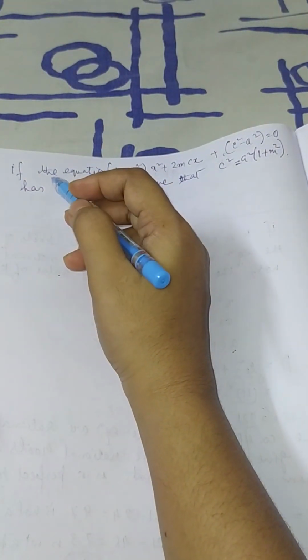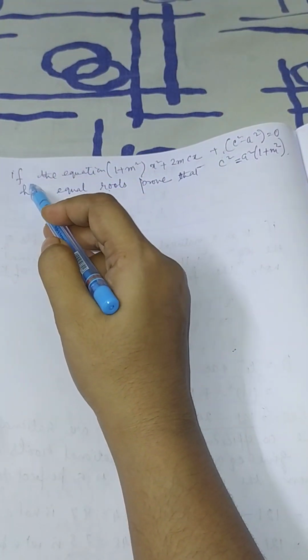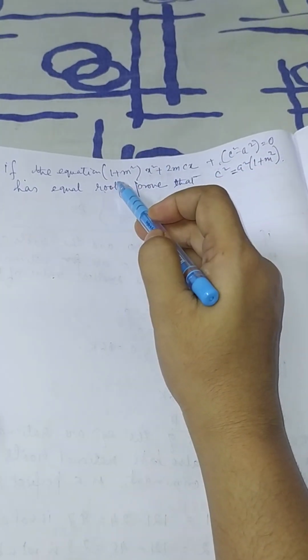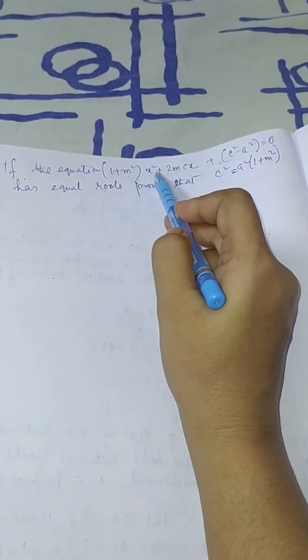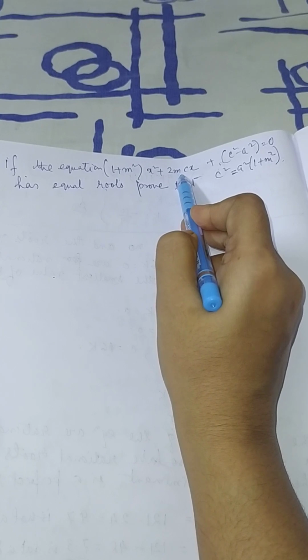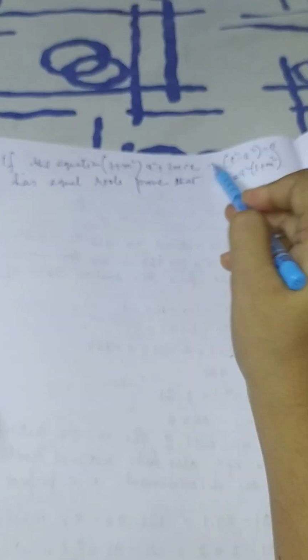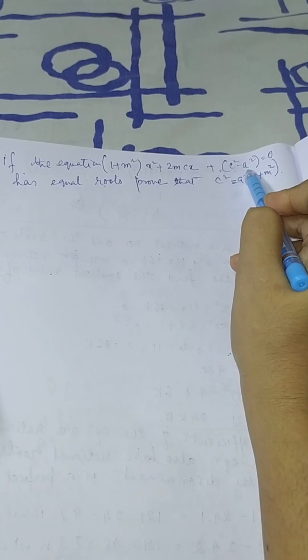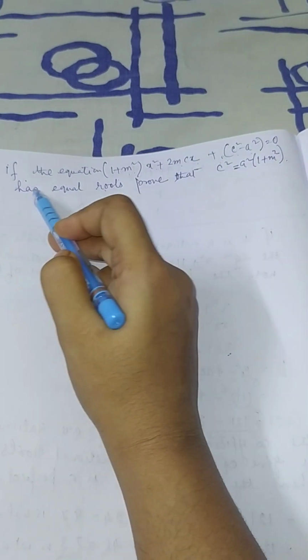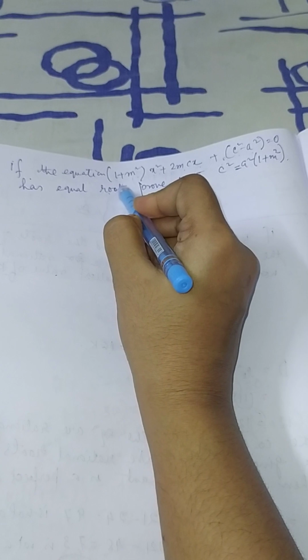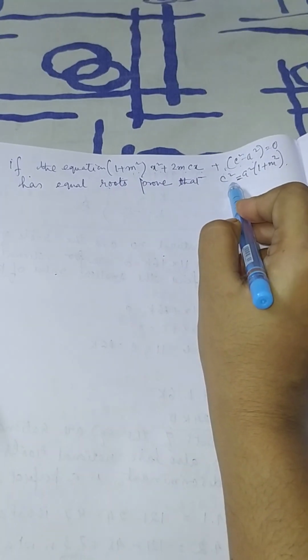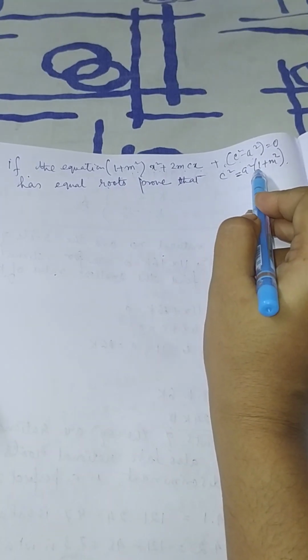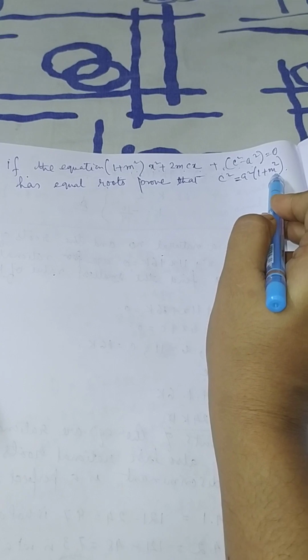Now, the next question is, if the equation (1 plus m square) within bracket x square plus 2mcx plus (c square minus a square) within bracket is equal to 0 has equal roots, then prove that c square is equal to a square (1 plus m square).